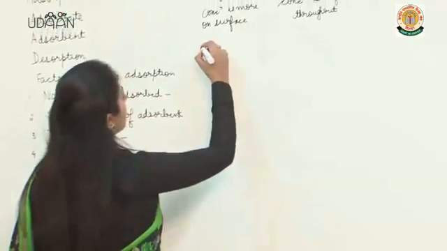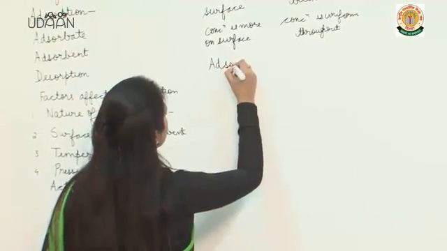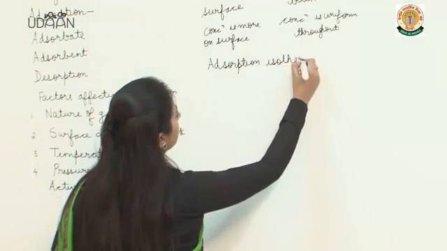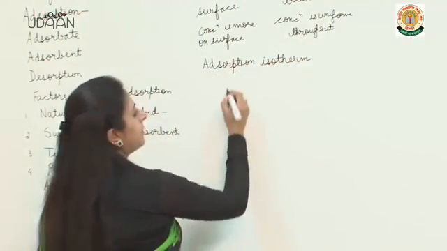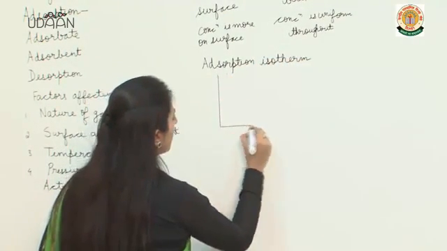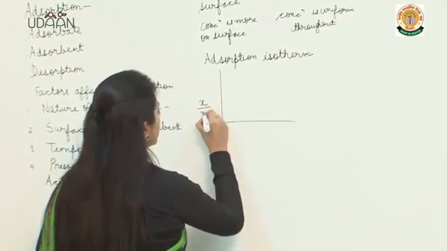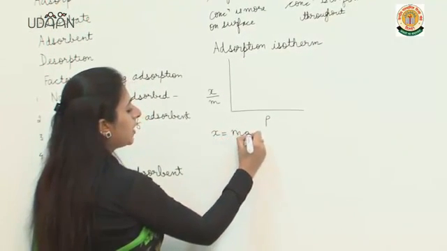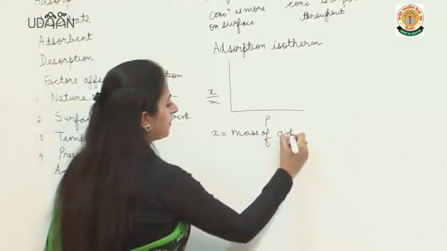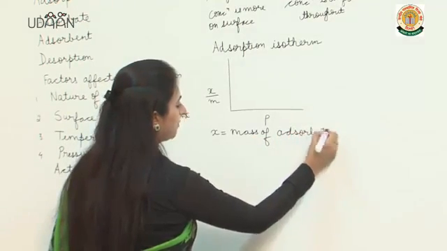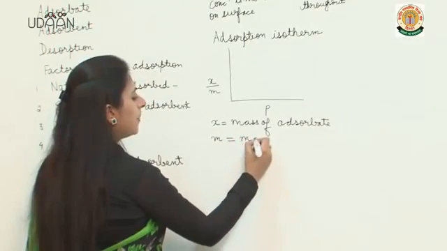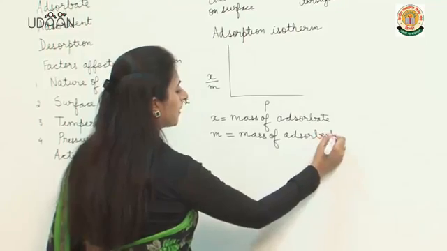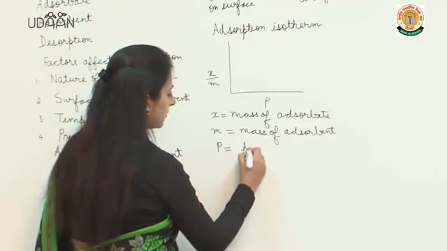Now what is an adsorption isotherm? Now when we plot a graph of x by m versus P, what is x here? x is the mass of adsorbate, m is the mass of adsorbent, and P is the pressure.